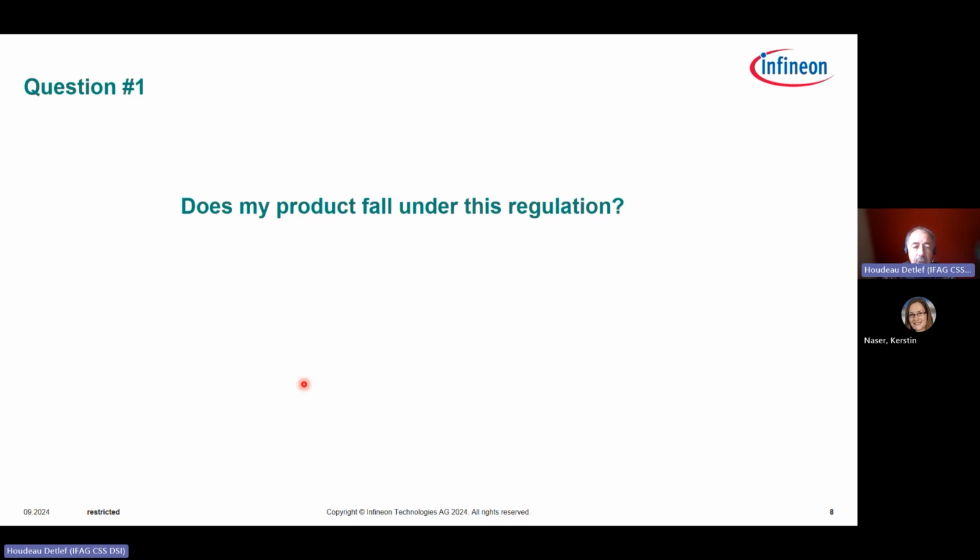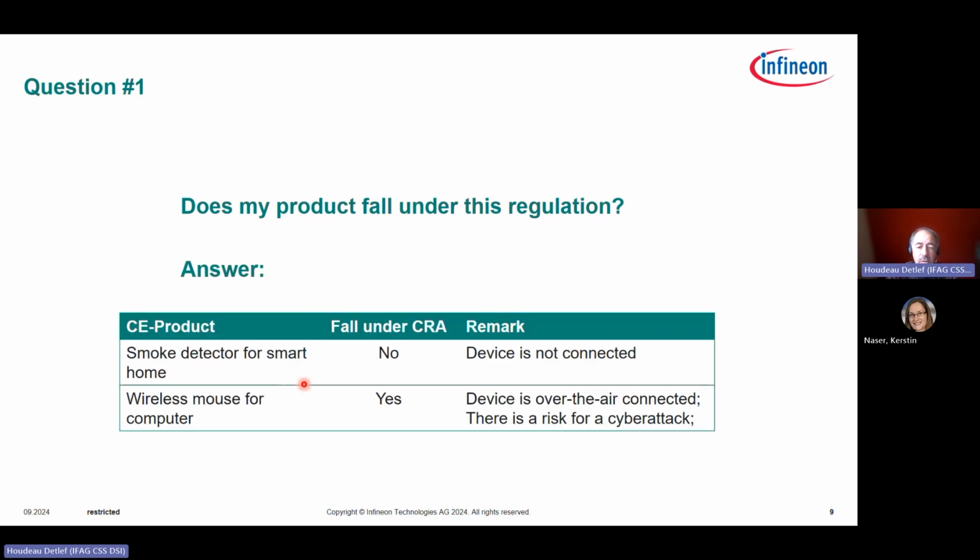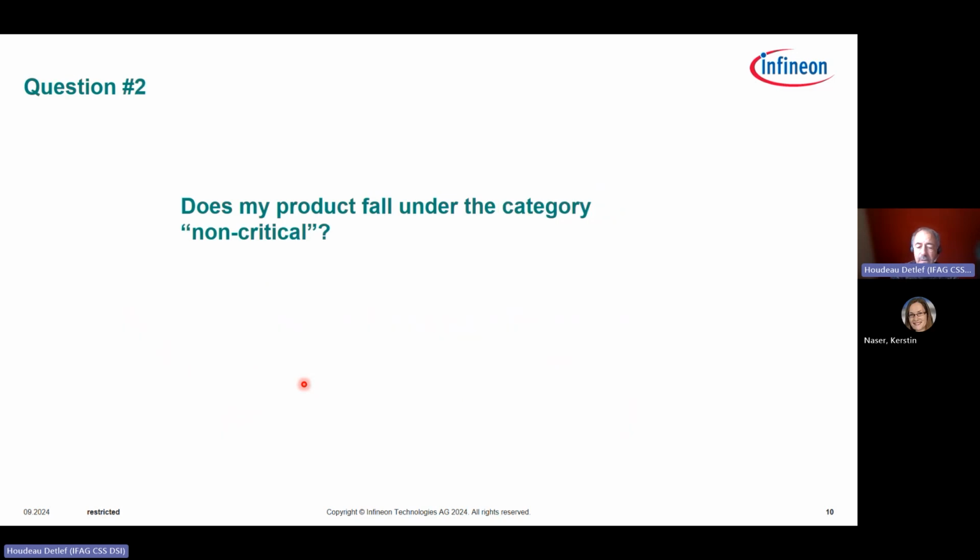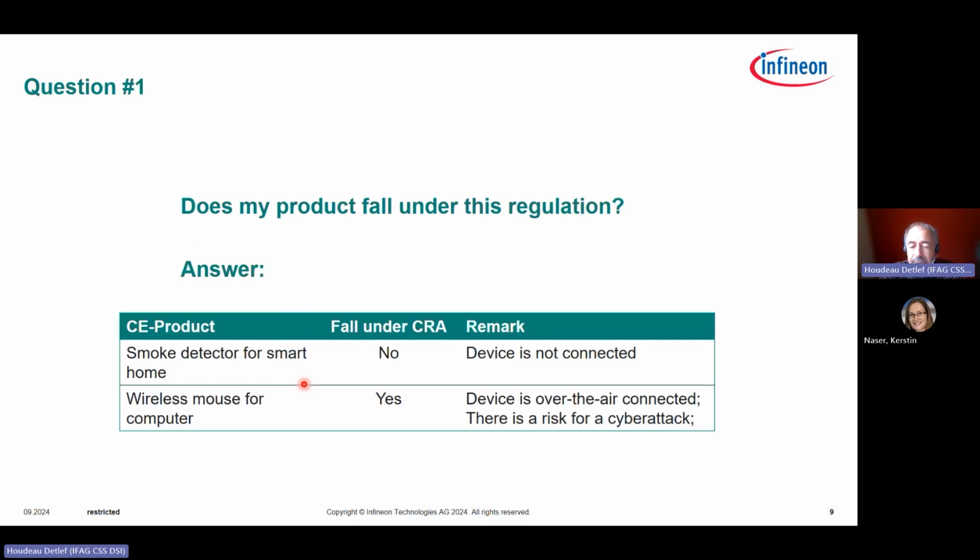First level on top view is, does my product fall under this regulation? We took 2 examples. A smoke detector for smart home falls not under the Cyber Resilience Act regulation because most of them are not connected.